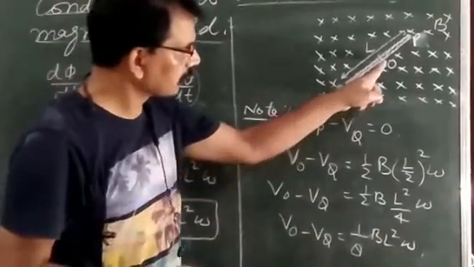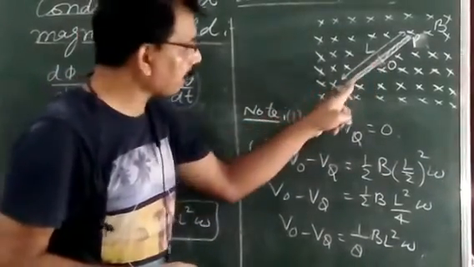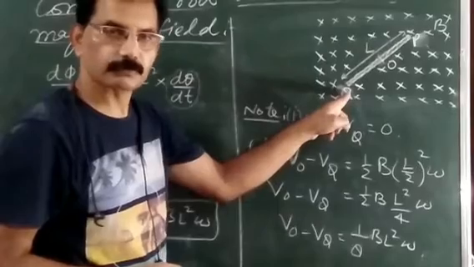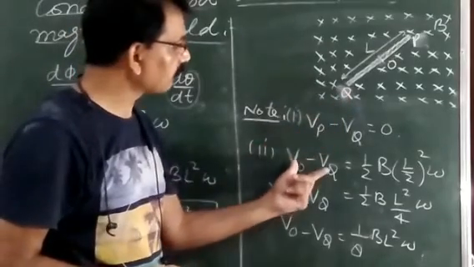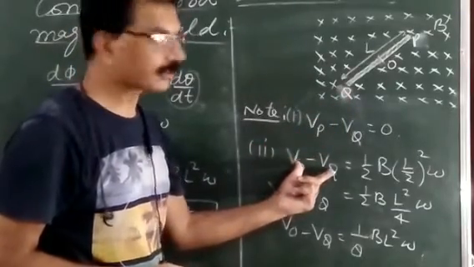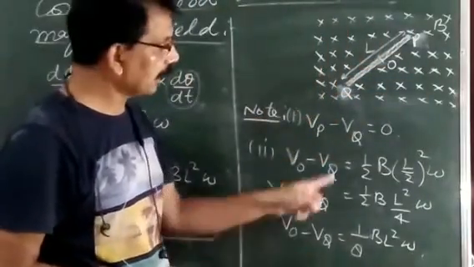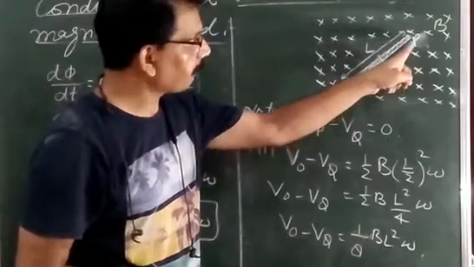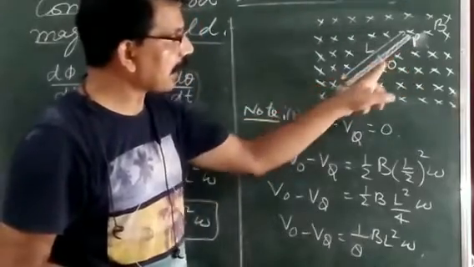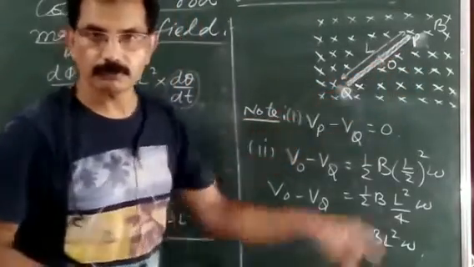And remember this, if O is at higher potential than Q, then the potential difference is VO minus VQ. And in this case, this rod will be rotated anti-clockwise.